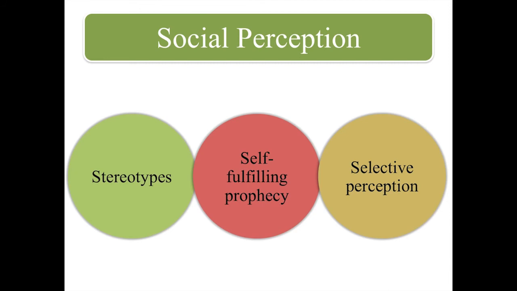Some incorrect assumptions that we might fall into are stereotypes, where we think of an individual having a group characteristic without it really actually being true. Self-fulfilling prophecy, where we believe something so strongly that we act to make it happen. And selective perception. For example, if you've ever gotten a new car, all of a sudden you see that brand of car everywhere on the road.